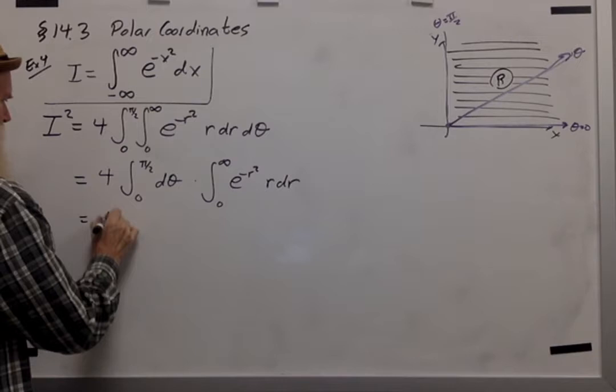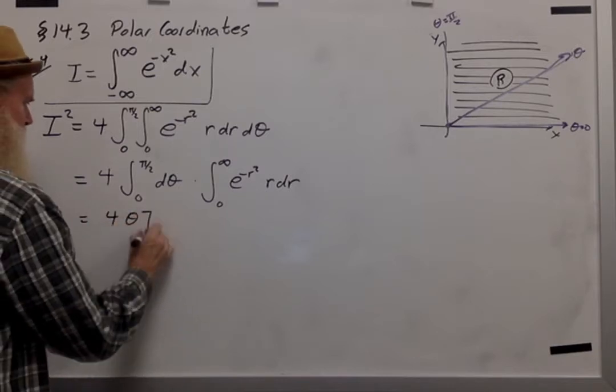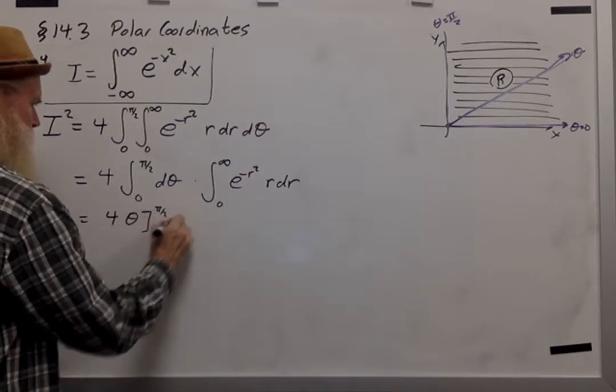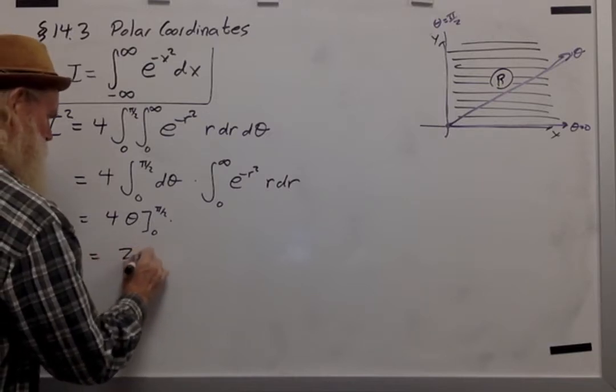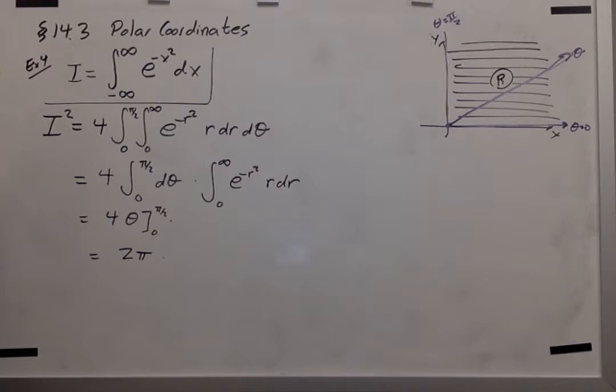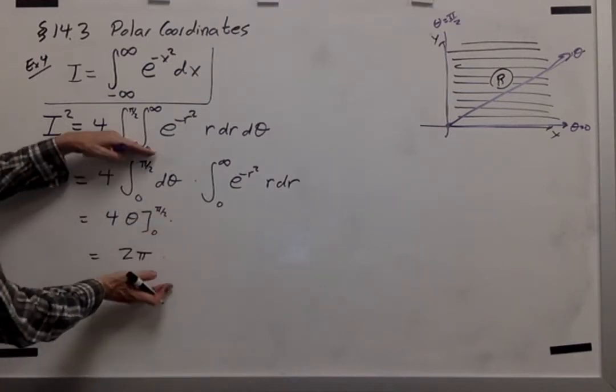This is 4 theta taken from 0 to pi over 2, which is just going to be 2 pi. So this first integral is done.